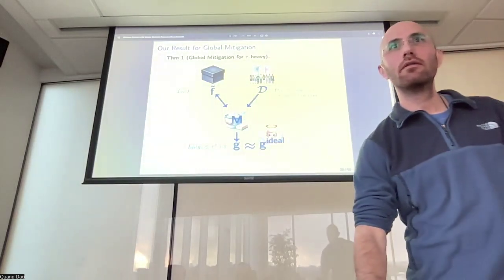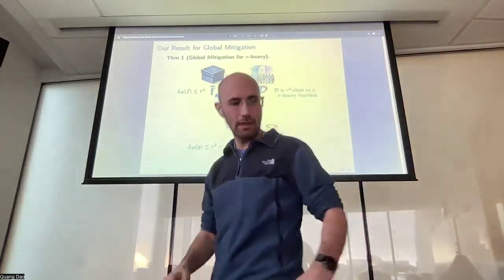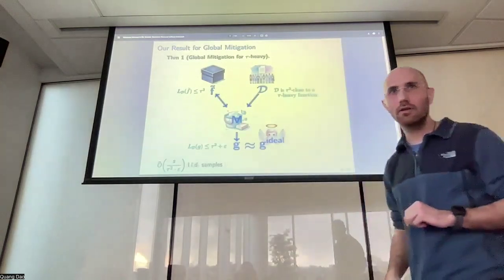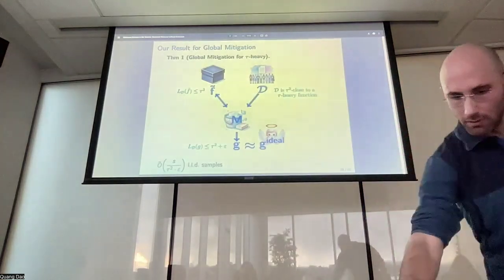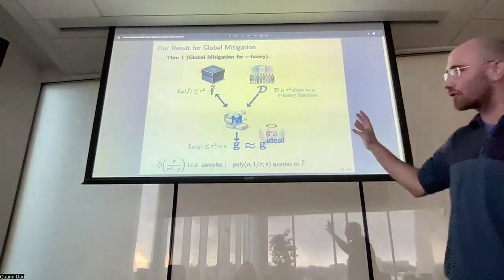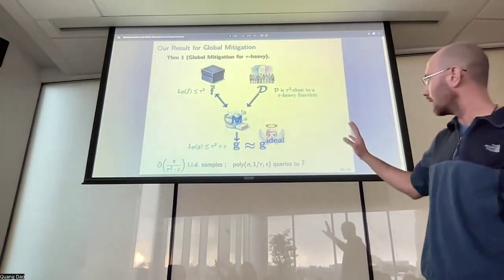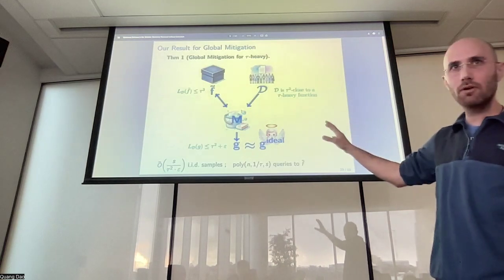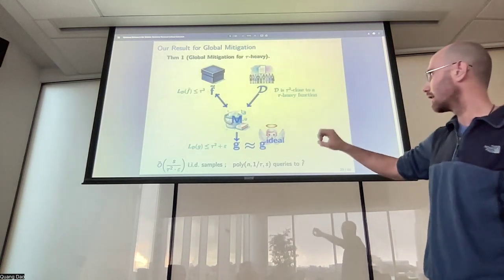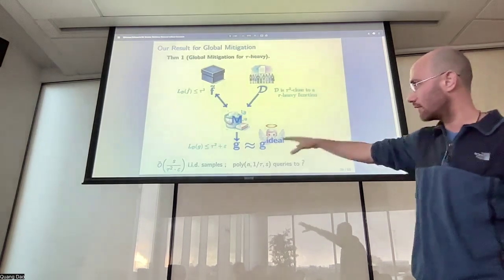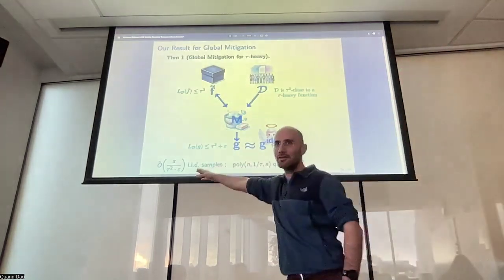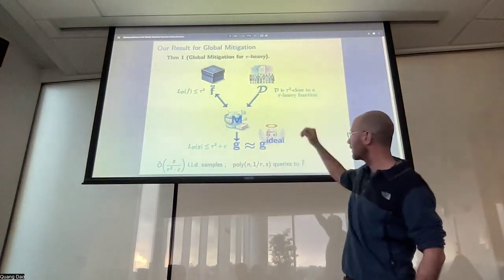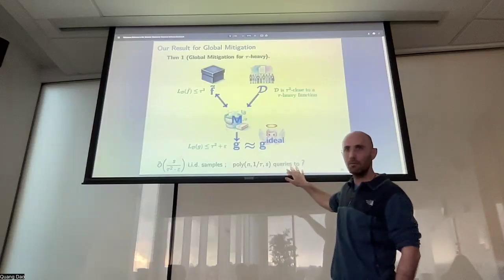The running time will be polynomial in 1 over tau. Yes, so that's the parameter in terms of the efficiency. The whole running time is polynomial in all the parameters, and there is the number of IID samples from the distribution D, and the number of queries to F tilde.